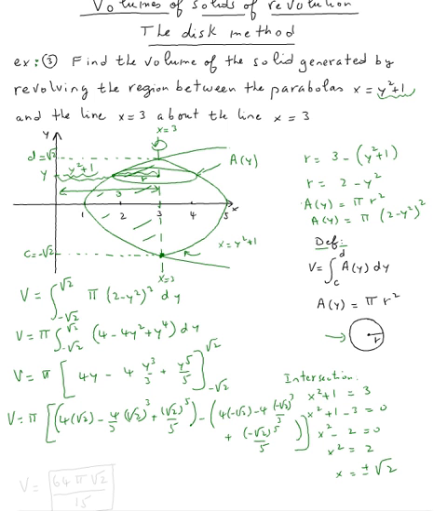Now this is just algebra, so I'll let you do that. Use your calculator and you're supposed to get 64 pi square root of 2 over 15. And that's it for this example.